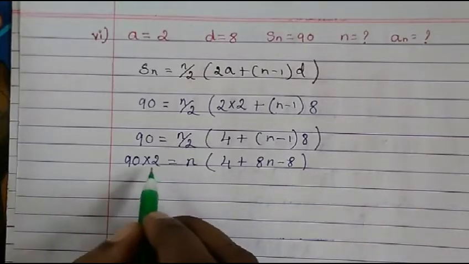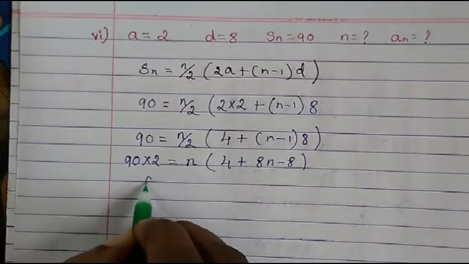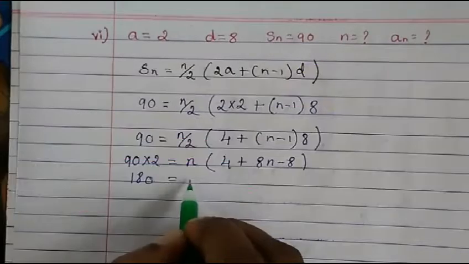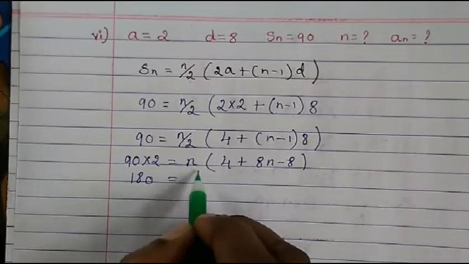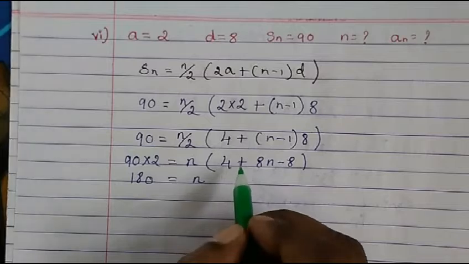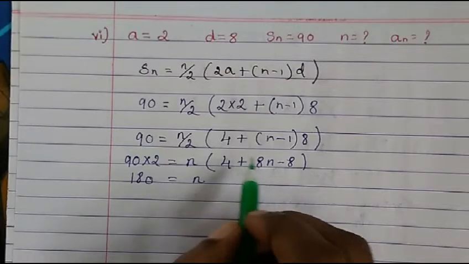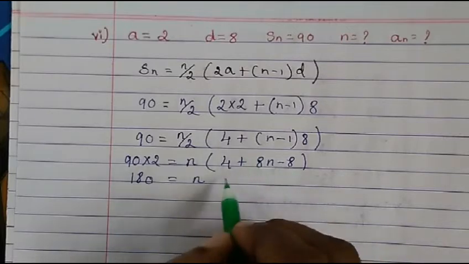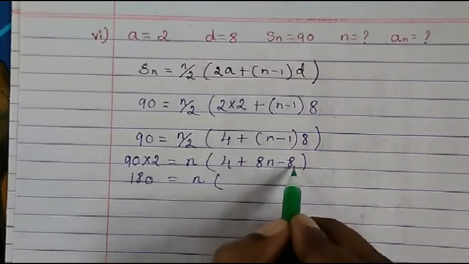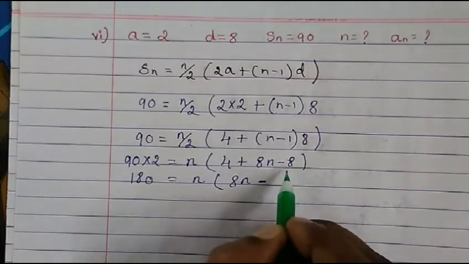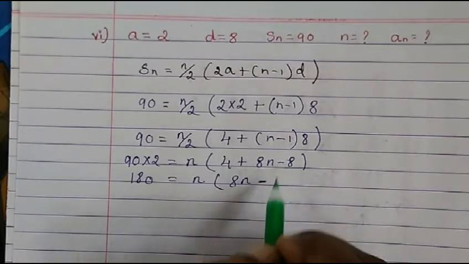So then 90 into 2 will give us 180. Then you have with n, 4 is there. So here plus 4, here it is minus 8 is there. So if we are subtracting, we'll get 8n minus, the biggest number is 8, so the sign is minus.